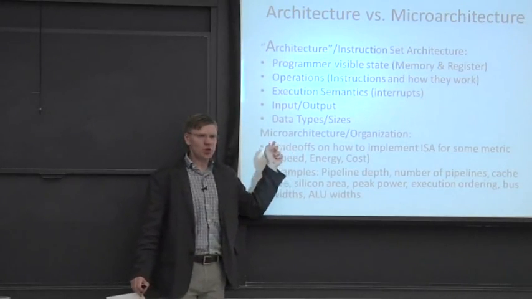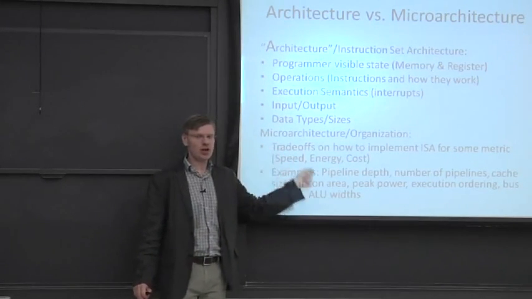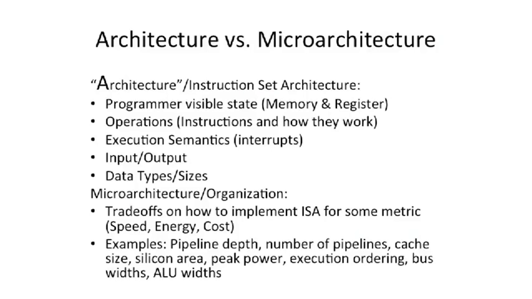What microarchitecture and organization is really thinking about here is the trade-offs as you're going to implement a fixed instruction set architecture. So for instance, something like Intel's x86 is an instruction set architecture. And there's many different microarchitectures or implementations.